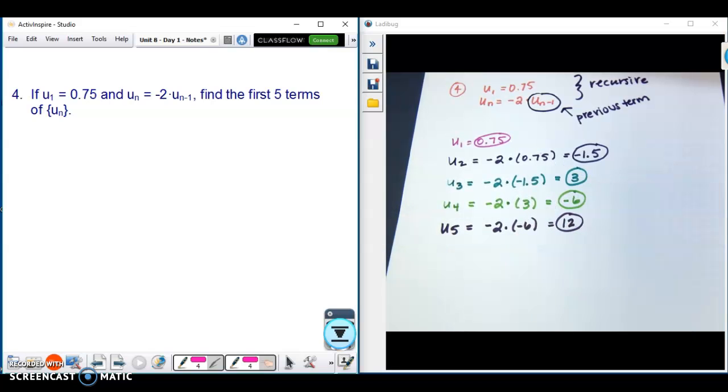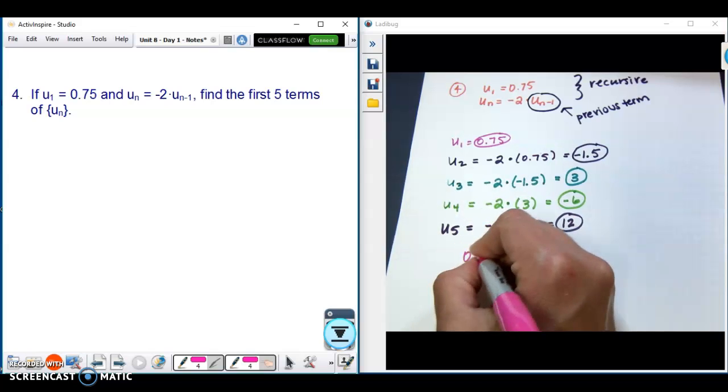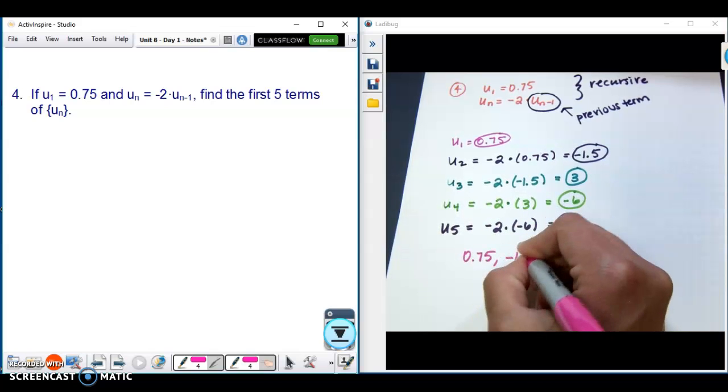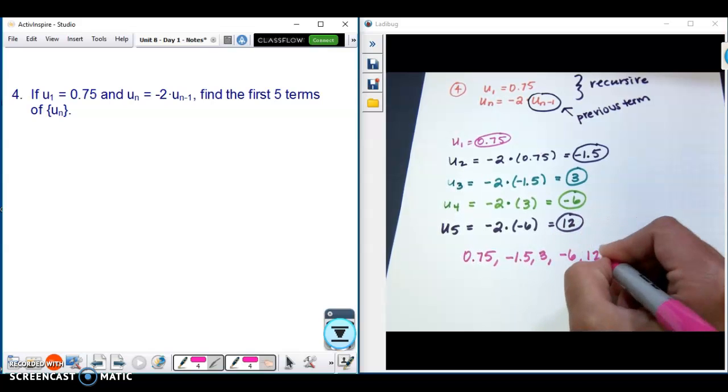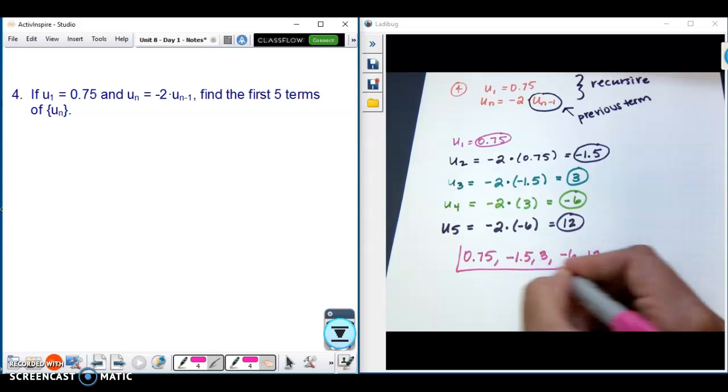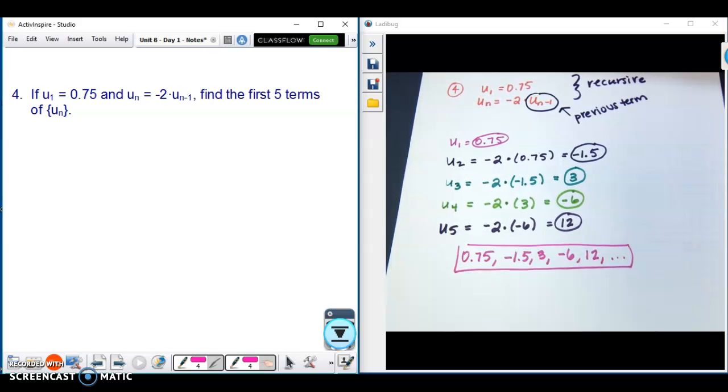So my first 5 terms of my sequence I have 0.75, negative 1.5, 3, negative 6, 12. And that would keep going on forever, but that's the only terms they asked me to find. So, just to recap, explicit formula: if I ask you to find the 100th term, you can just plug in 100 and find it.